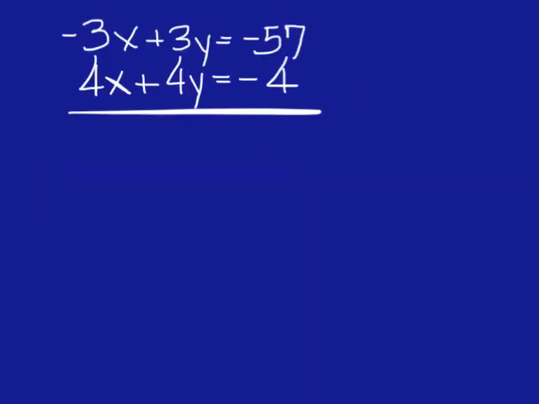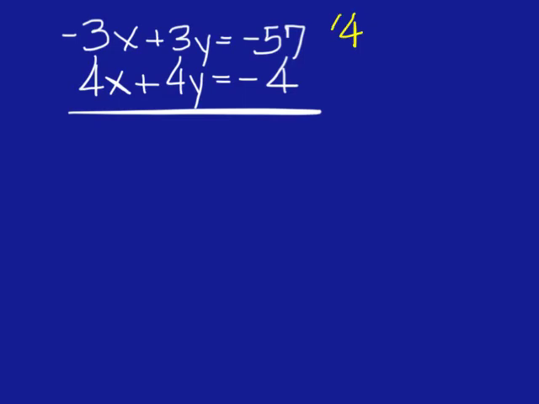Practice problem. Negative 3x plus 3y equals negative 51. 4x plus 4y equals negative 4. Solve the system of equations. Solution for the practice problem. You have a negative 3 and a positive 4 out here.